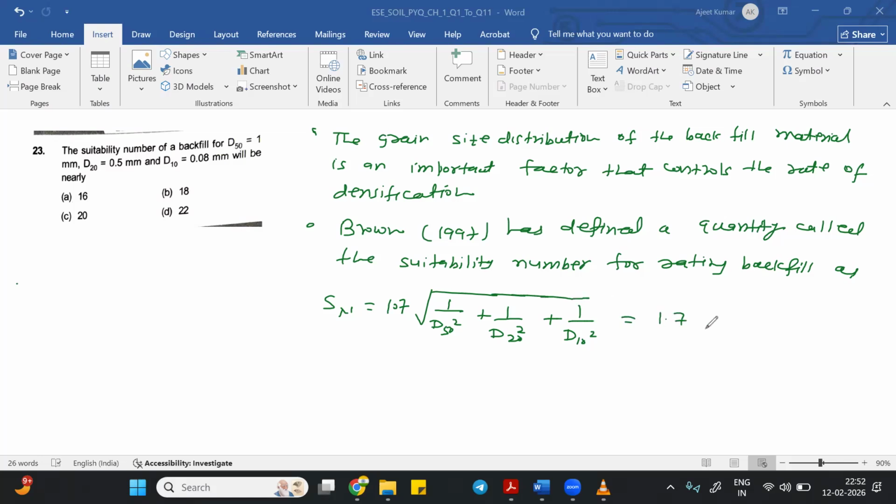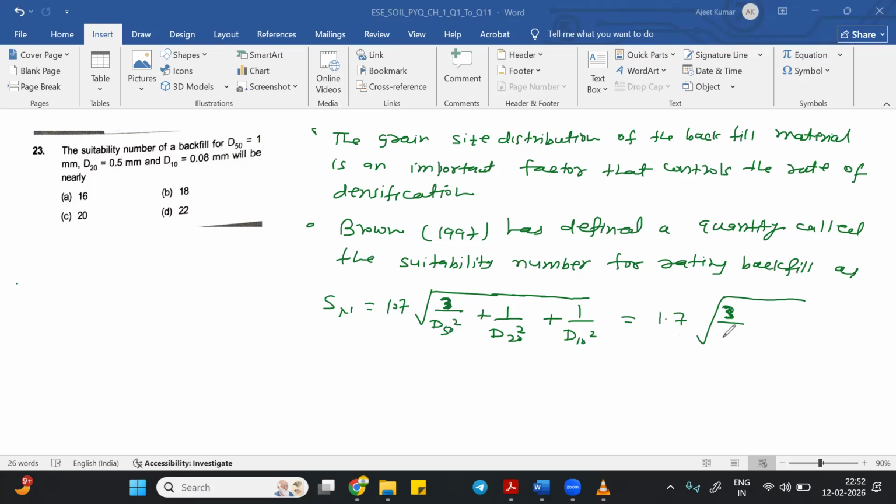So this is 1.7 into 1 upon d50. Wait, the weight for d50 is 3, not 1. So the weight is given as 3 for d50.